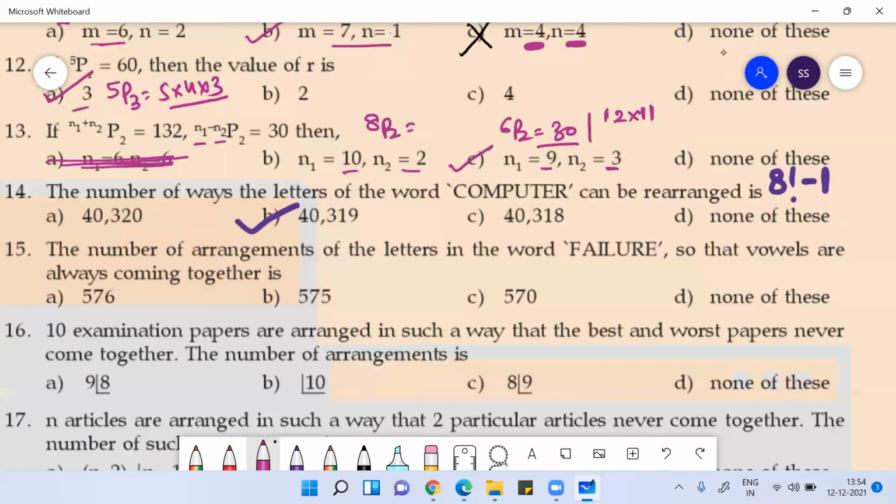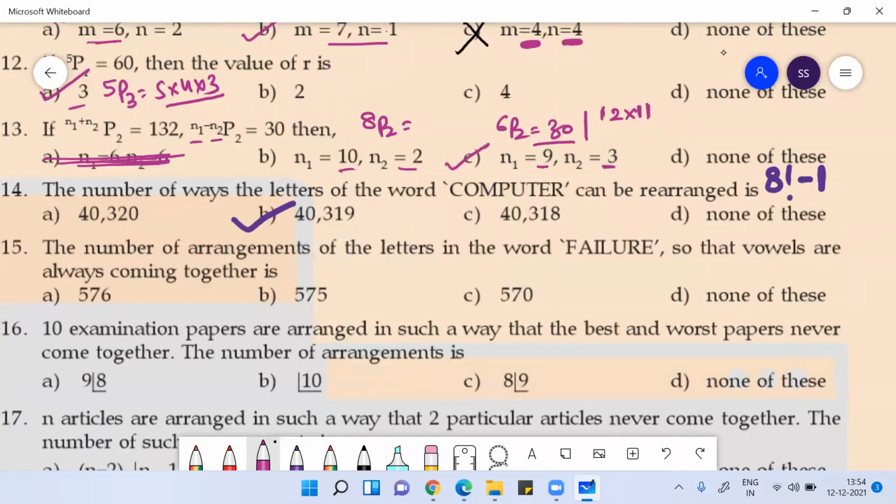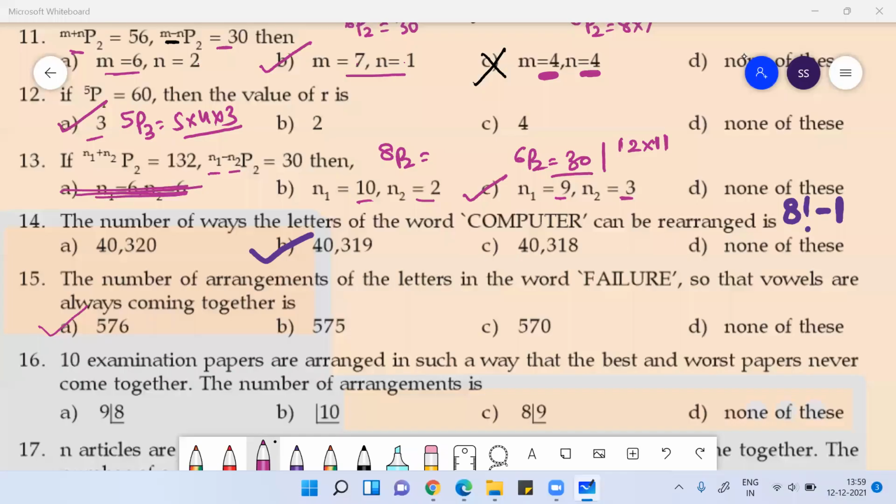Try this 15th one. If you see the 15th one, how many vowels do you have? You have A, I, U, E. Four vowels are there.